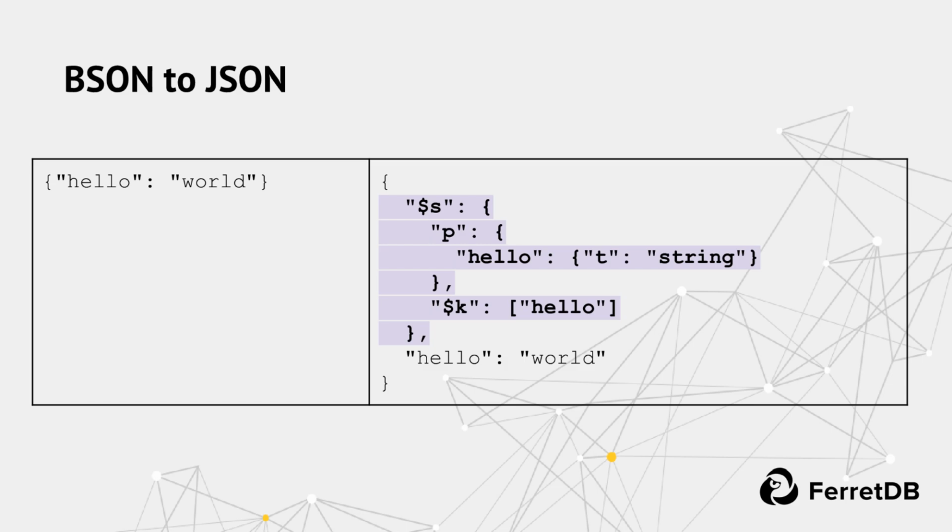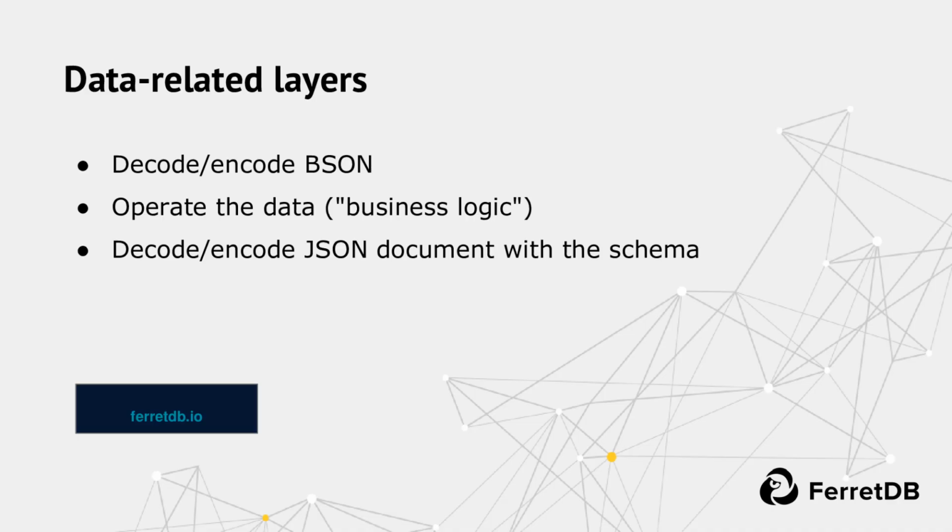Okay, so we have this picture. We have BSON between MongoDB drivers and FerretDB, and we have JSON between FerretDB and the storage. And now we also have to implement some business logic to basically operate with data. So that's more or less how our layers could look like in this case. We have three layers.